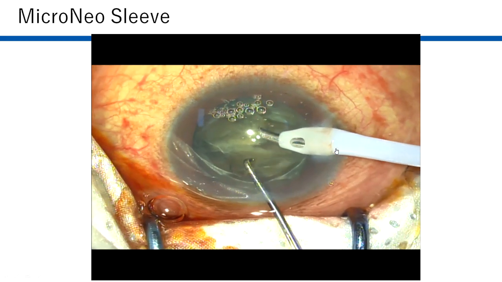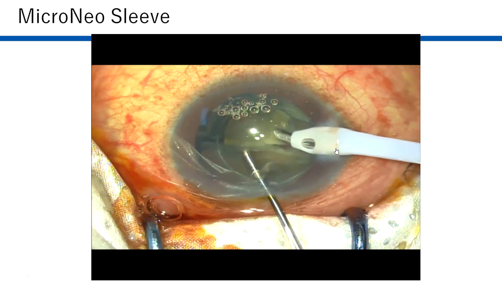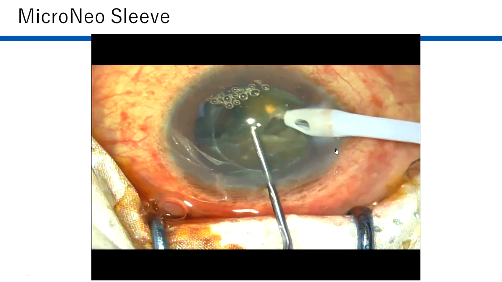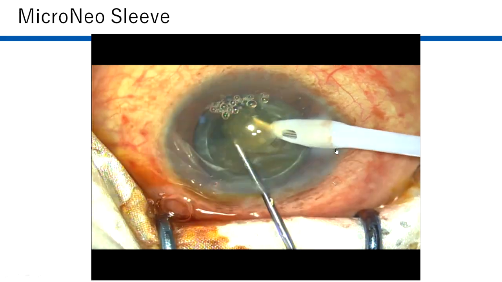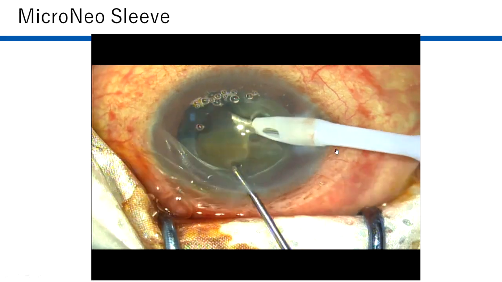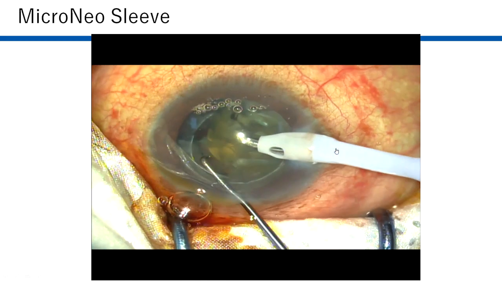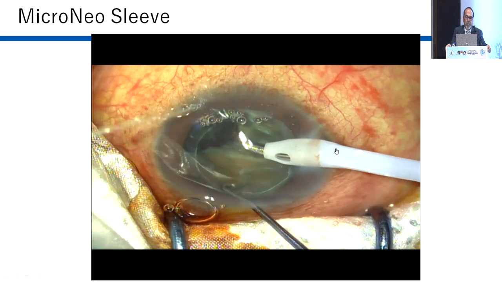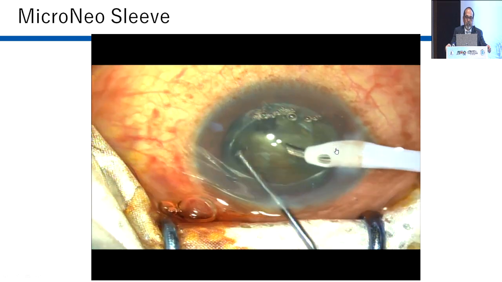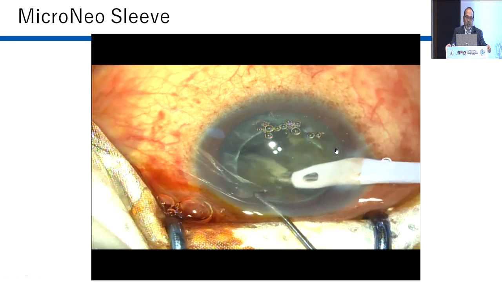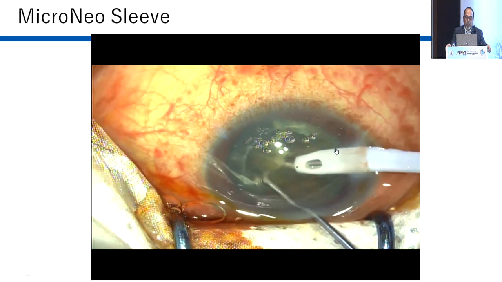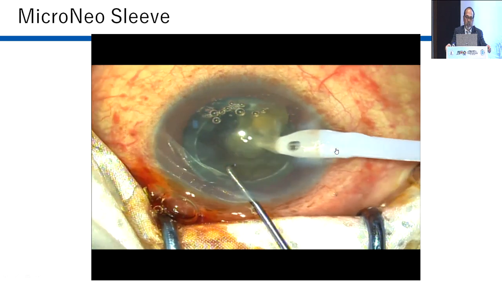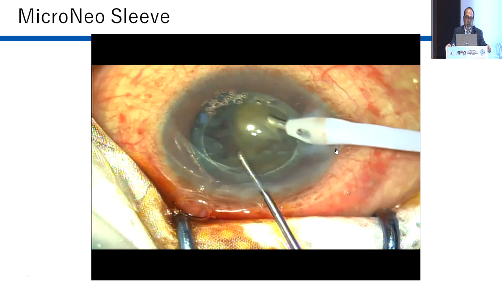As you can see, the sleeve port is much bigger, and it allows a continuous flow about 1.5 times the normal flow available with a normal sleeve. So this large port is making the chamber even more stable, and there is hardly any heating of the phaco tip, the phaco probe, and there is no possibility of any wound burn in all these cases.